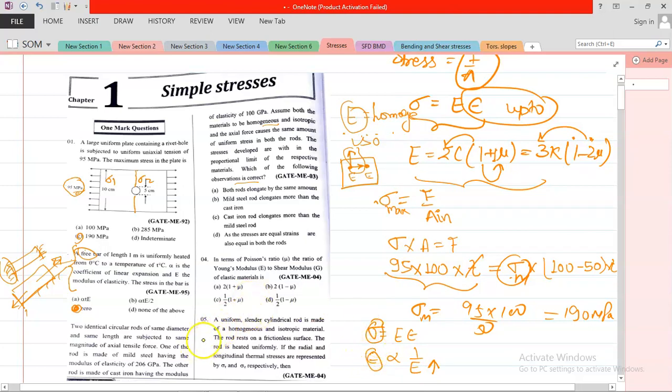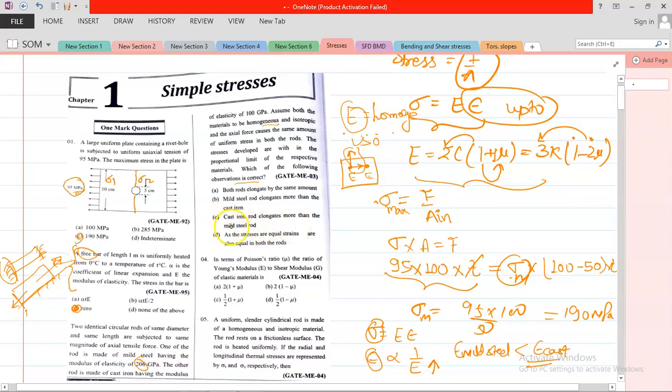If we consider mild steel, the modulus of elasticity is 206 gigapascal. So you can say that the strain in mild steel is less than the strain in cast iron. So this will be your answer, that is cast iron elongates more than mild steel.